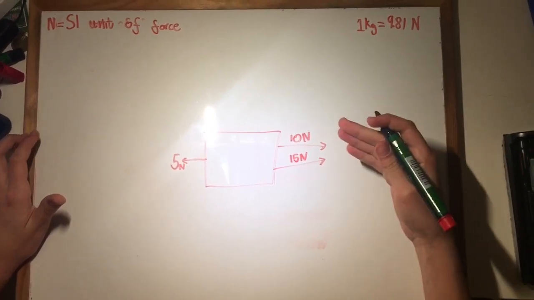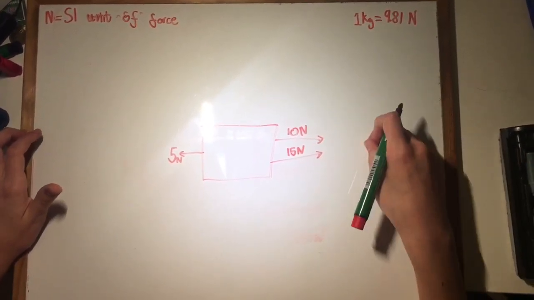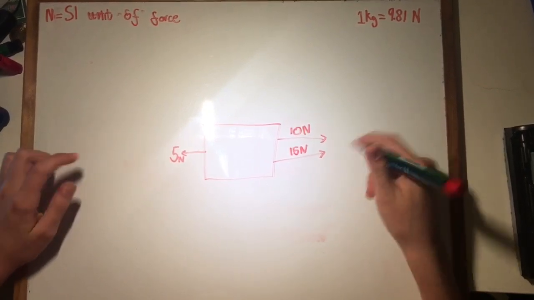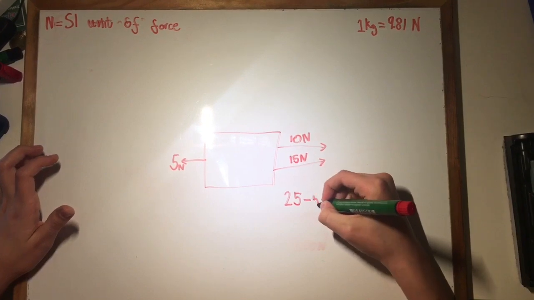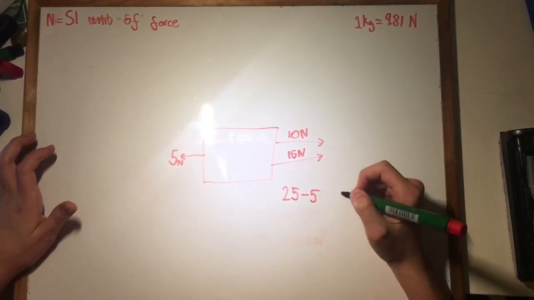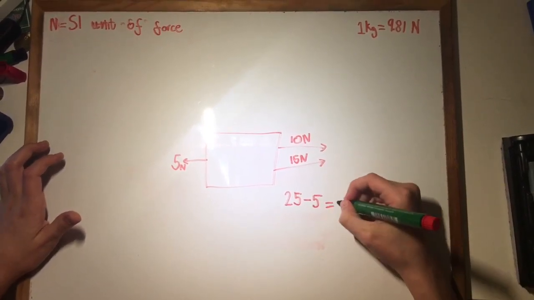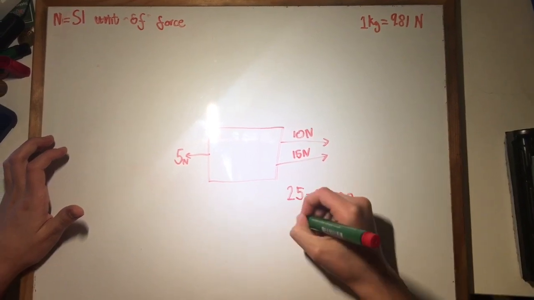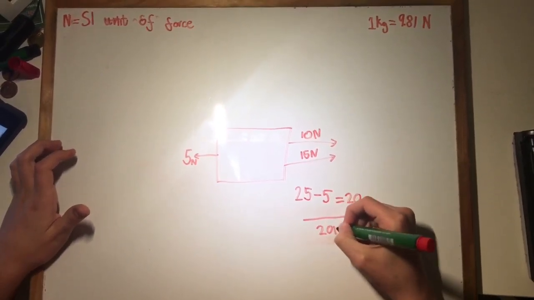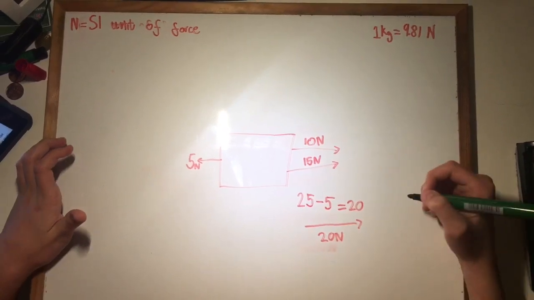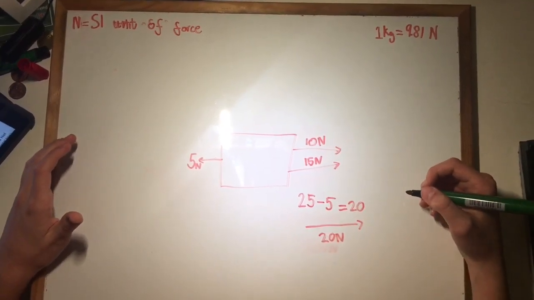Then you just add it together, and that's 25 newtons this direction, 5 newtons this direction. So then it's 25 minus 5, which equals 20. So then it's 20 newtons of force in this direction. And that's the very basics of a net force.